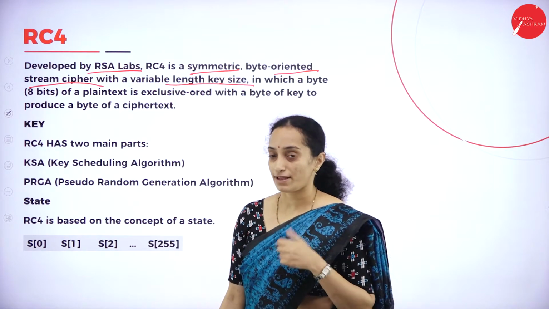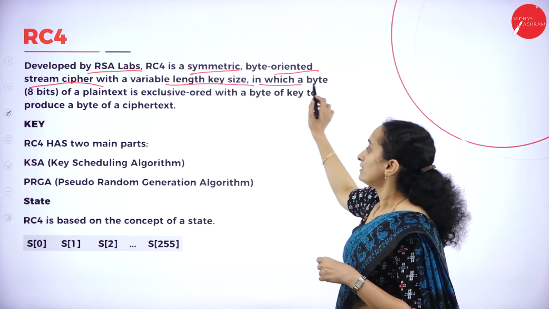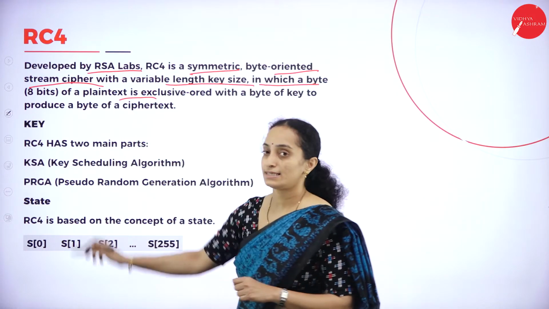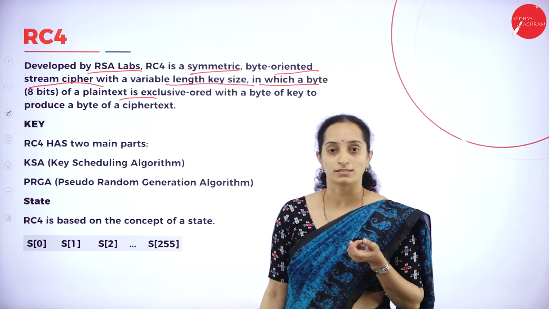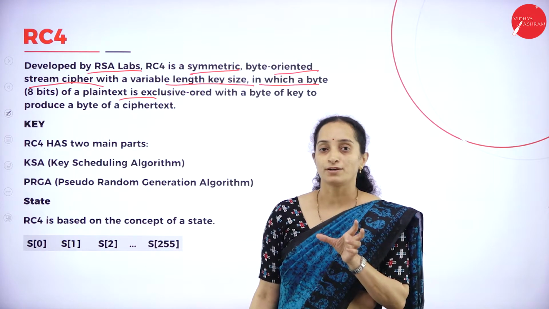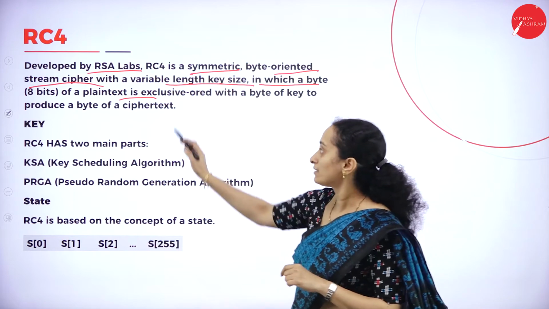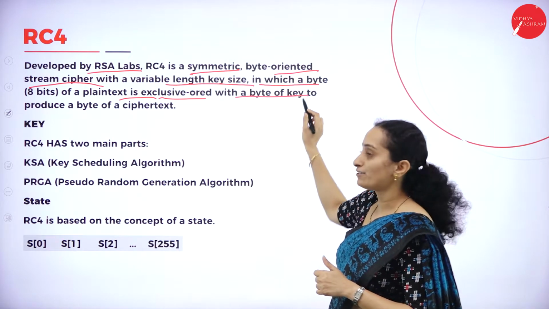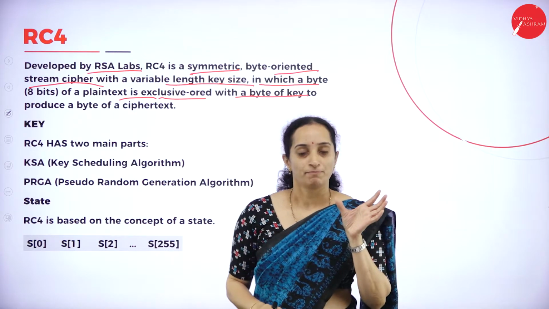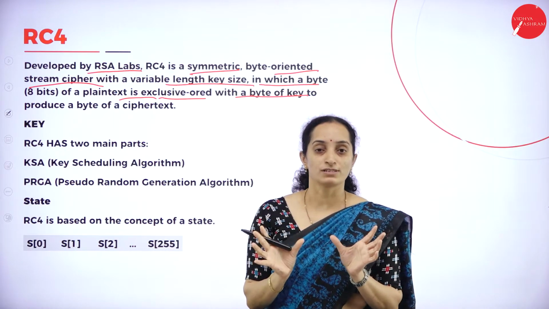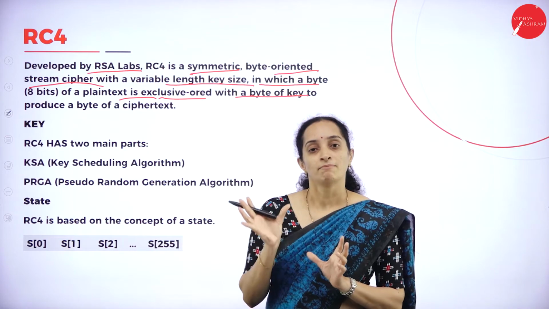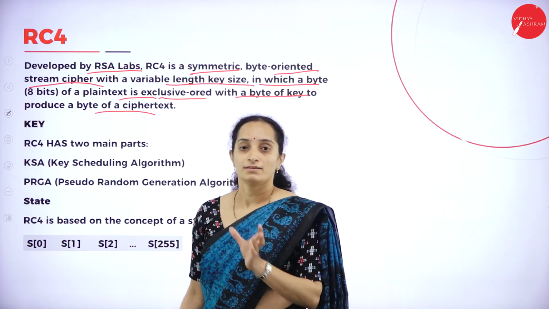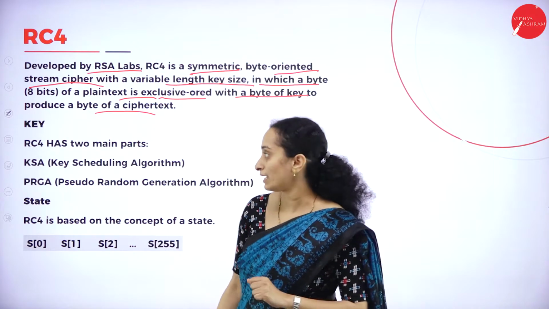Key size will be varying, in which a byte or 8 bits of plain text is exclusively ORed. We use 1 byte of data from the plain text, which is exclusively ORed with a byte of key. Byte of plain text XORed with byte of key, okay, to produce the byte of cipher text.